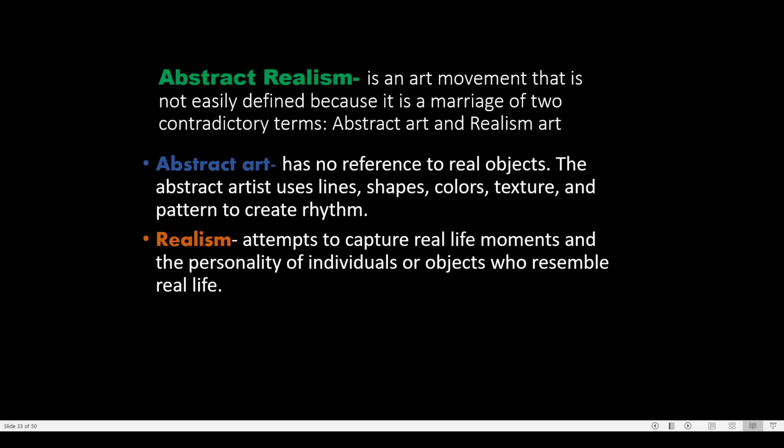So, dalawa daw yung contradictory terms or mag-asawa pero magkasalungat sila, the abstract art and the realism art. The abstract art has no reference to real objects. The abstract artist uses lines, shapes, colors, texture, and pattern to create rhythm.